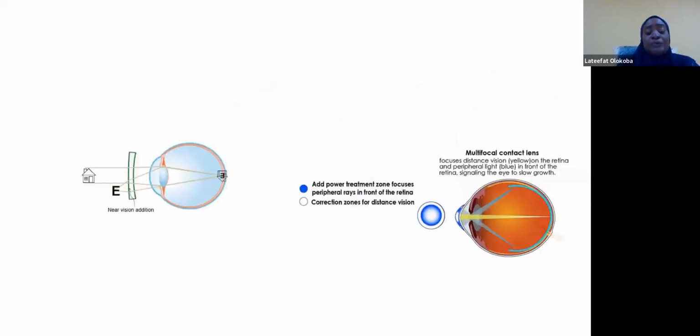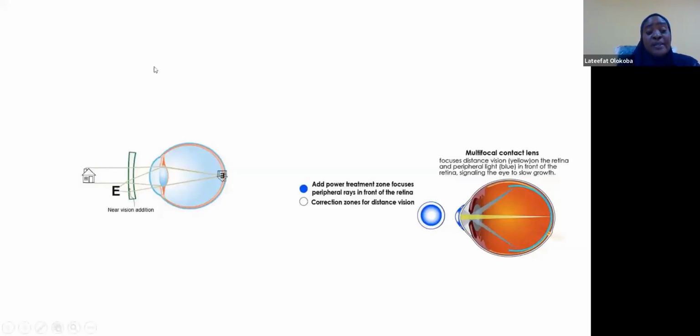And an example of the optical methods that are used to effectively block this hyperopic defocus is the use of a near add to the conventional concave lens.